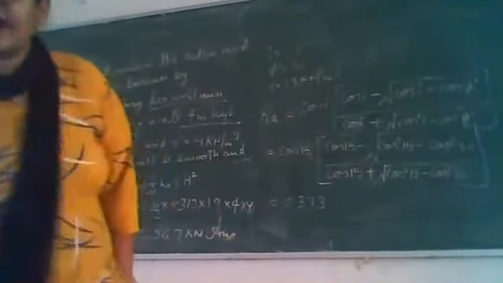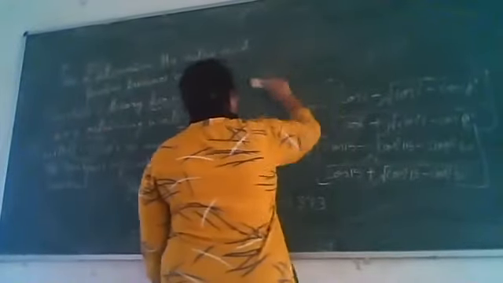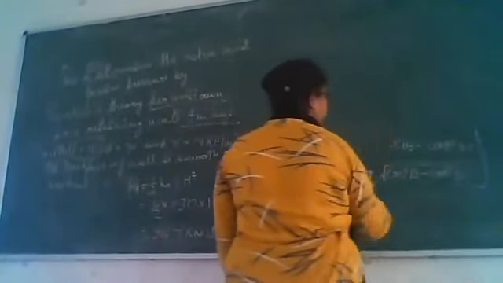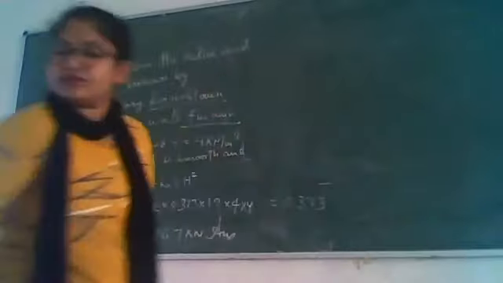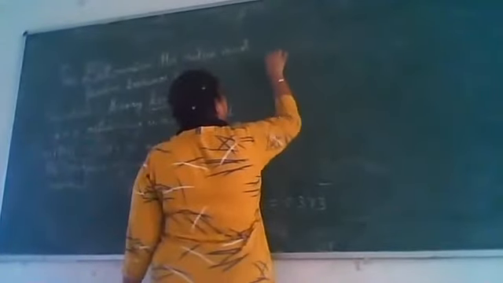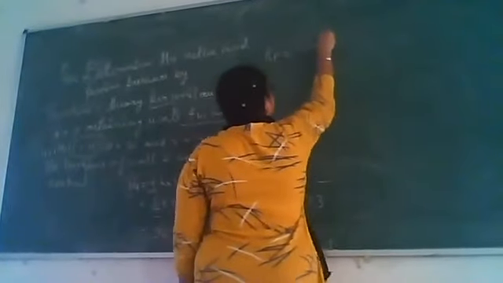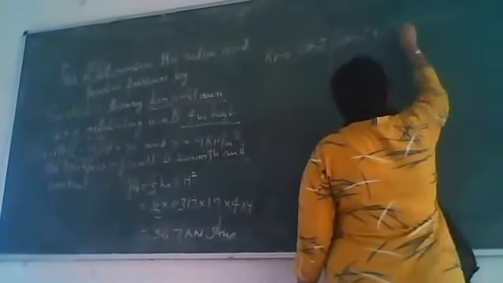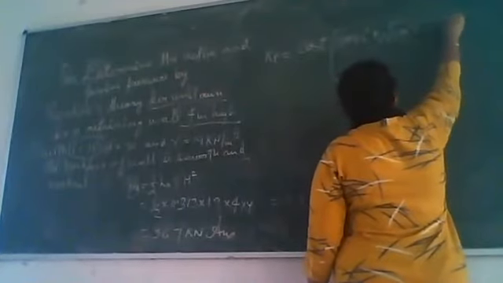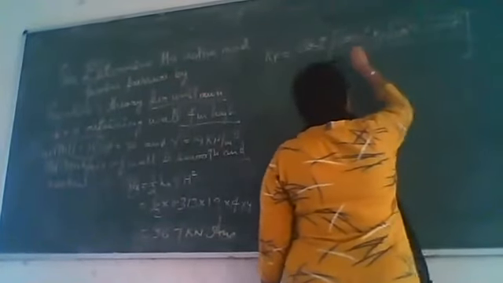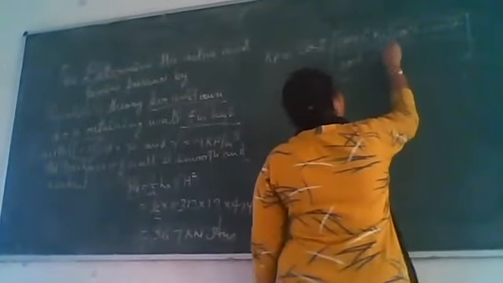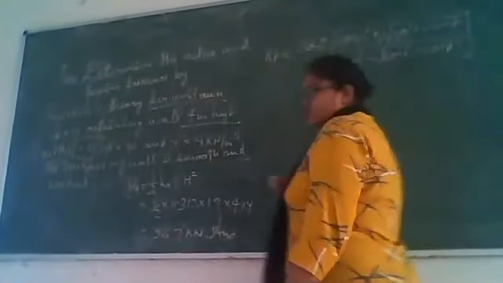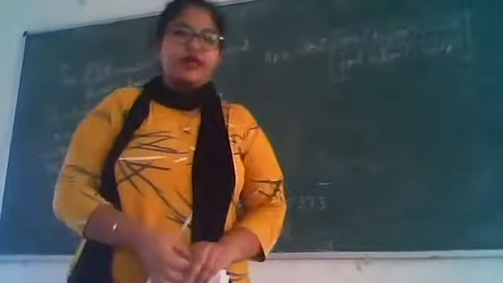Next, what we have to find out is Kp. The Kp formula is cos I multiplied by cos I plus under root of cos square I minus cos square phi, divided by cos I minus under root of cos square I minus cos square phi. So this is my formula.